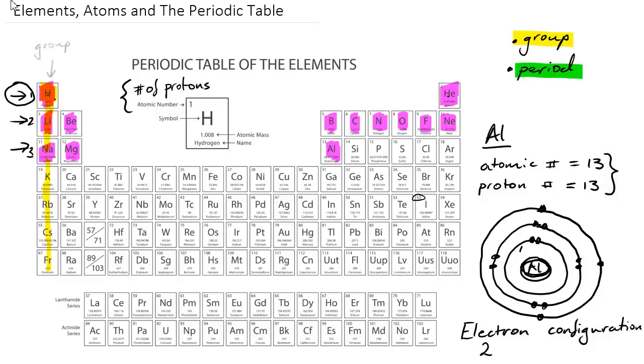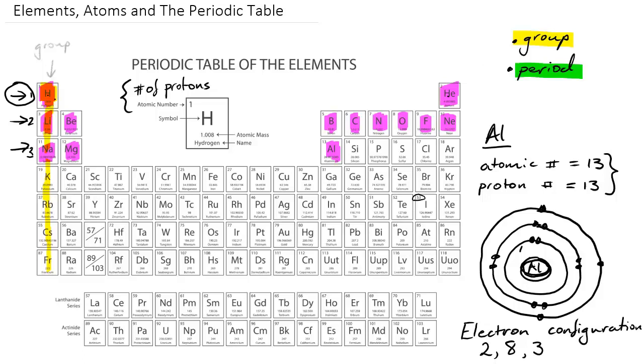So you would write 2, then a comma. The next one would be 8, then a comma again, and then in the last shell we have 3 electrons. So that is the electron configuration for aluminium.